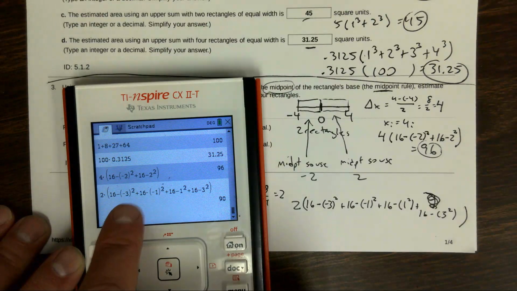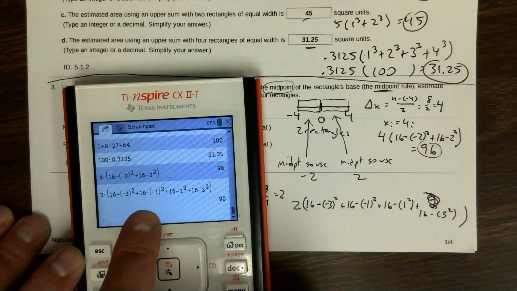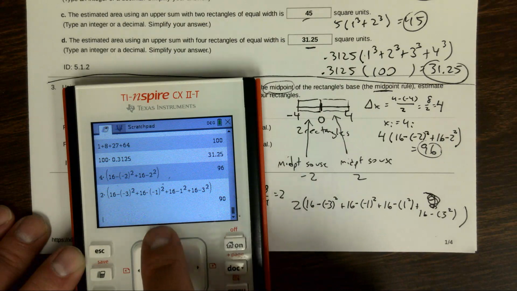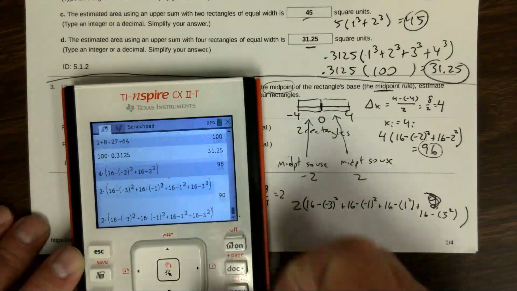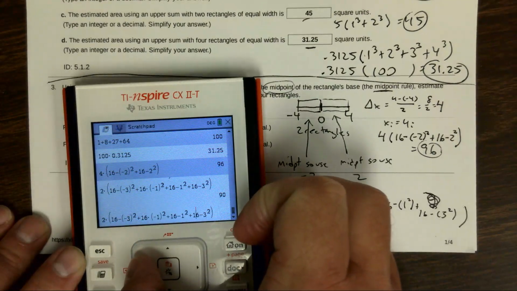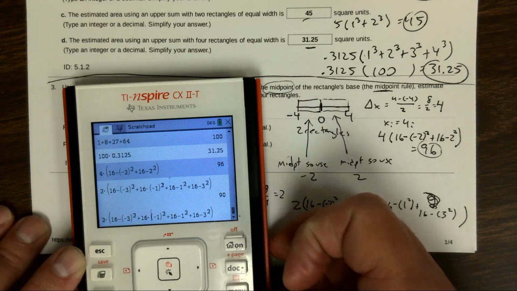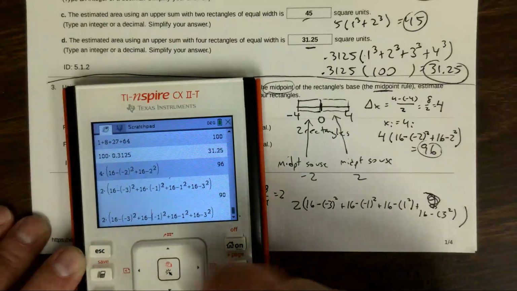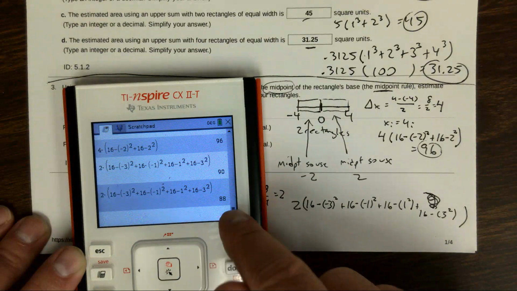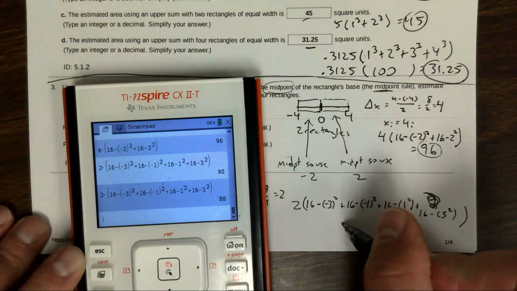Oh, I have a minus there. Minus -1 squared, yeah. So that gives me 88, which is what I wanted.